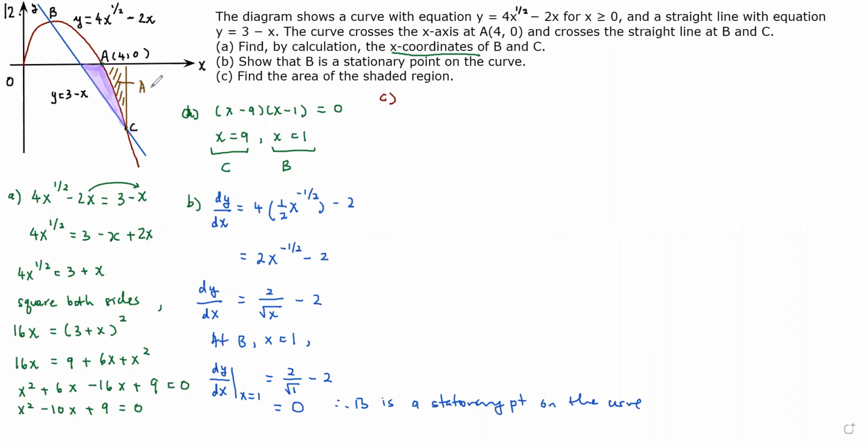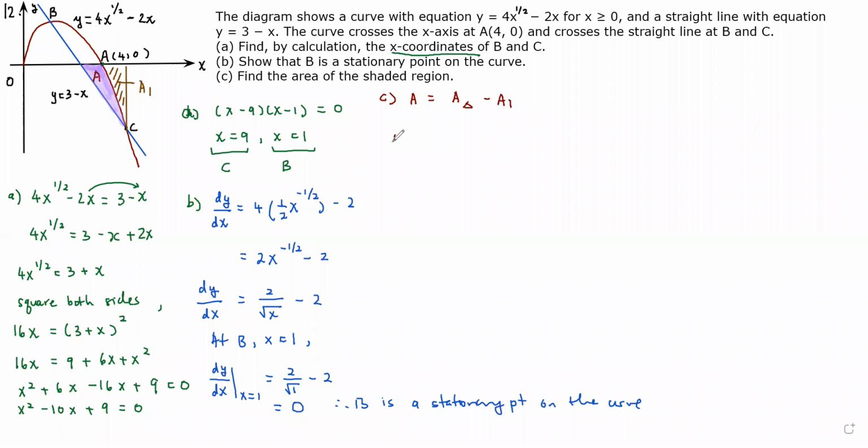Let's say this area is given by A1. The area that we need to find is given by A here. So this area A is the area of the triangle with one vertex at C, minus the area of A1. That is what we need to find.